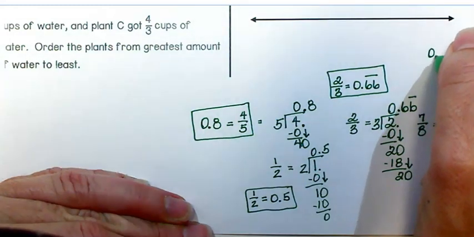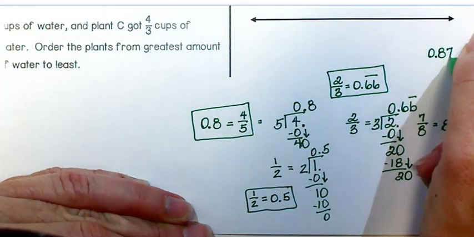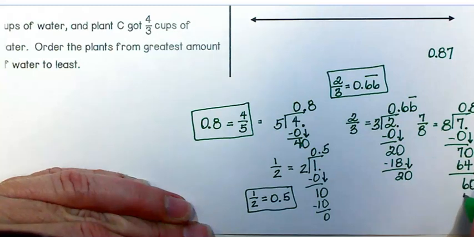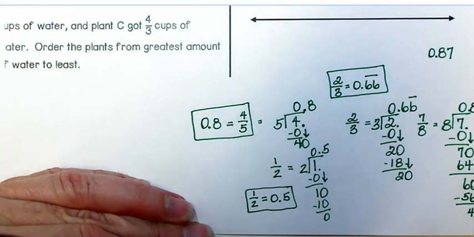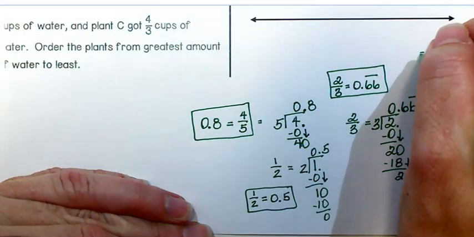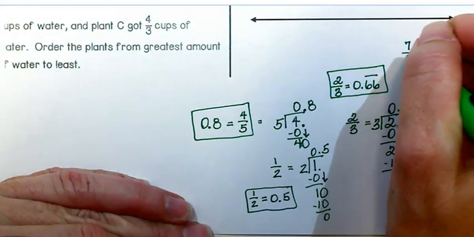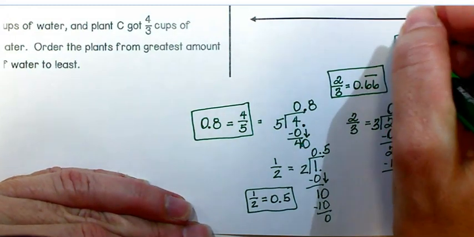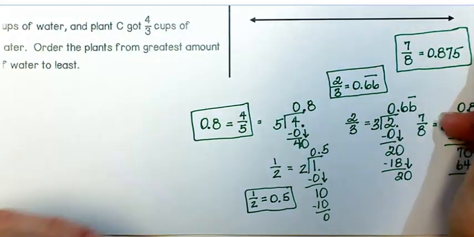I'm going to put my decimal up here. 7 times 8 is 56. I get a 4, bring down another 0. 8 will go into 40 5 times, evenly, you'll have no remainder. So 7/8 is 0.875.